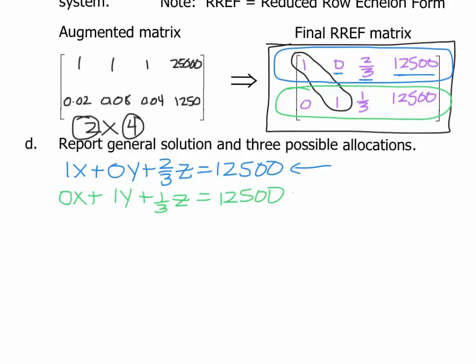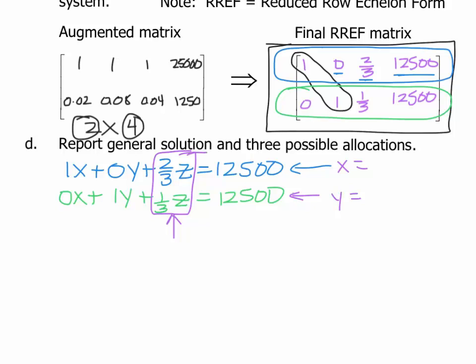Did you get 0x plus y plus 1/3 z equals 12,500? Hope you did. Now what we're going to do is take our two equations, and if we look at them here, we can see that they both have this z in them. And I'm going to solve my first equation for x and my second equation for y. So we're going to get x and y in terms of z.